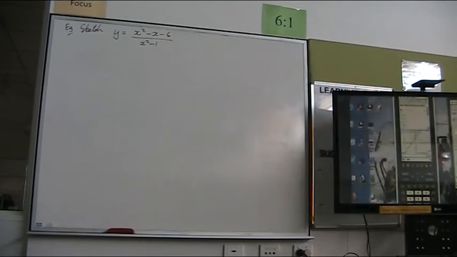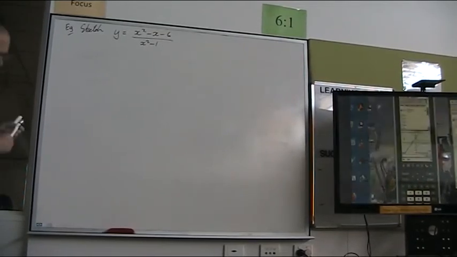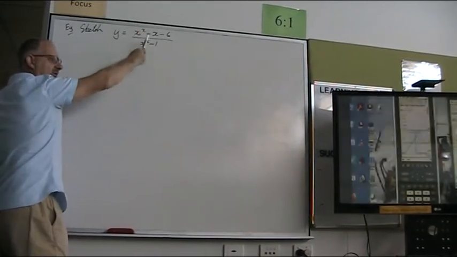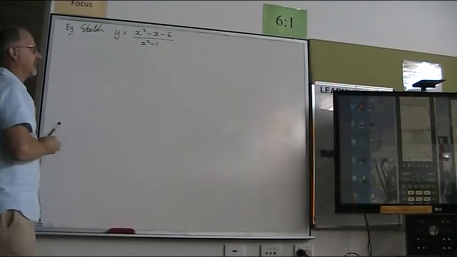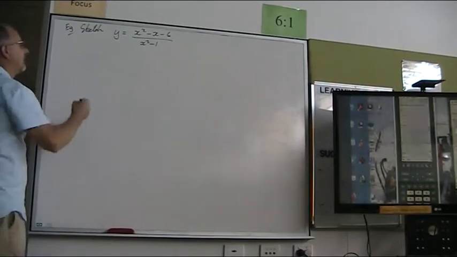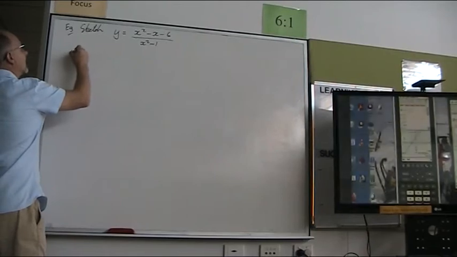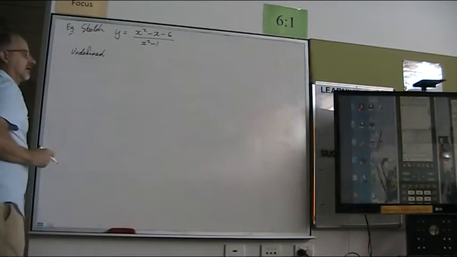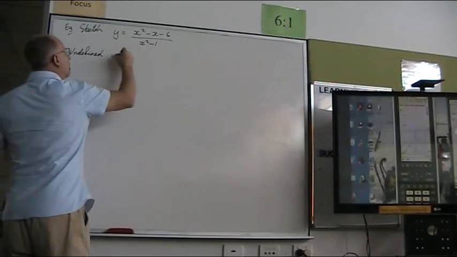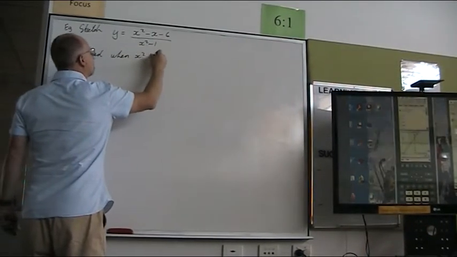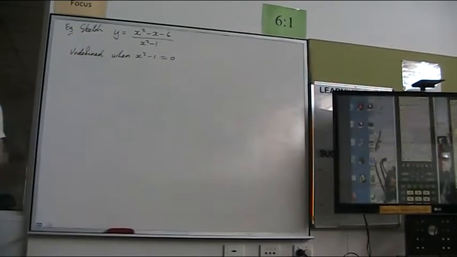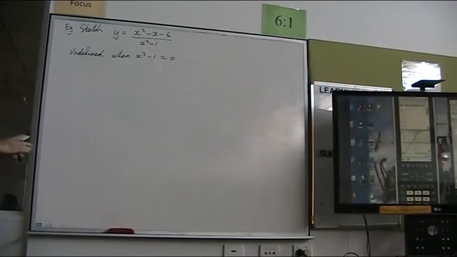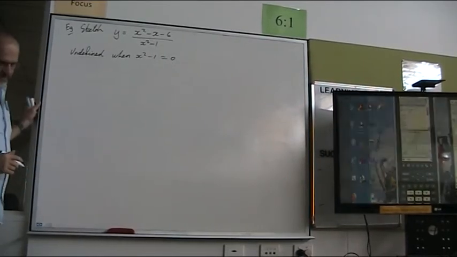First of all, we know our denominator can never be equal to 0. So straight away, we can say that it's undefined when x squared minus 1 is equal to 0. We'll find out a little later what that's going to mean.